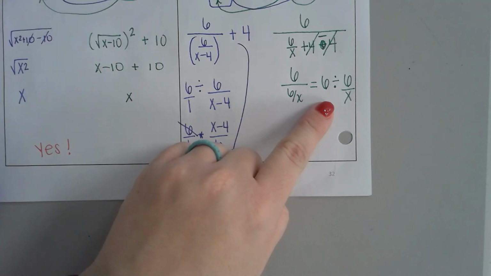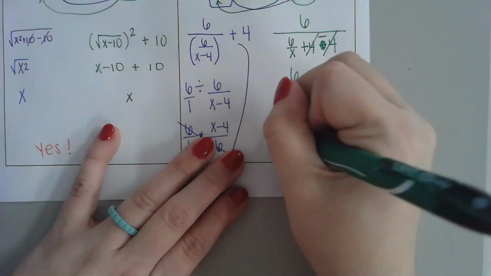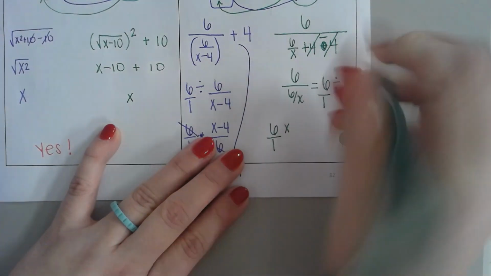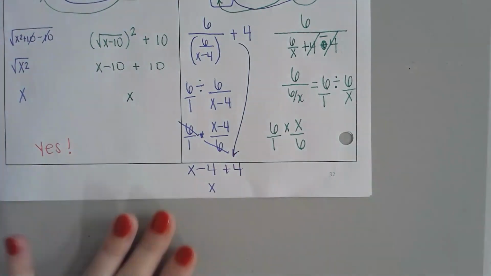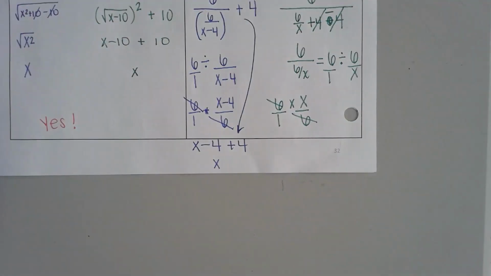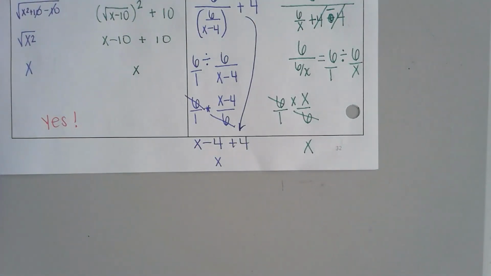And I need to do what? Keep, change, flip. Keep the 6, change to times. That's really 6 over 1. Keep it, times x over 6. Cancel out a 6 on top and a 6 on bottom, leaving me with x. It's a lot of nasty work.